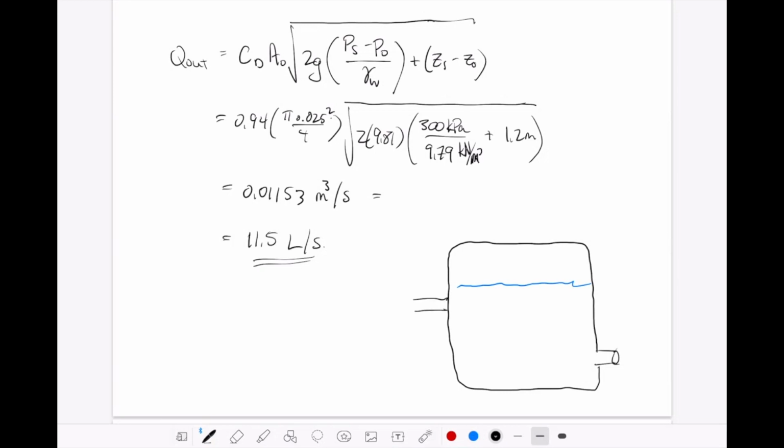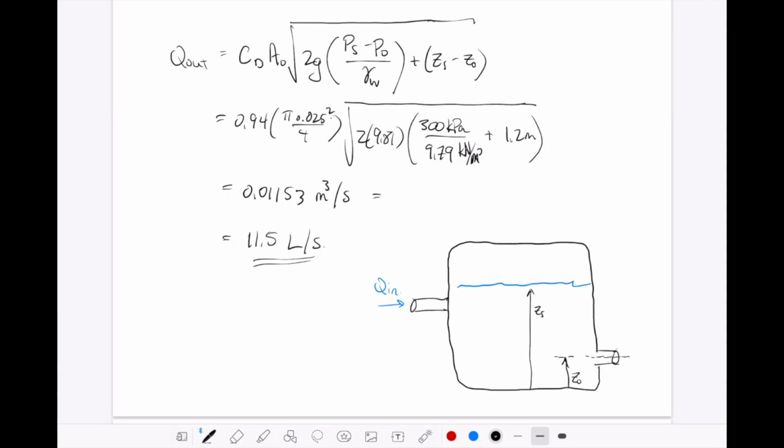We have our pipe, Q in. Our distance to the orifice and our distance to the surface is this.